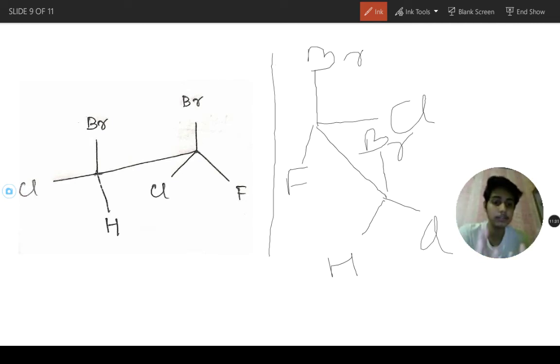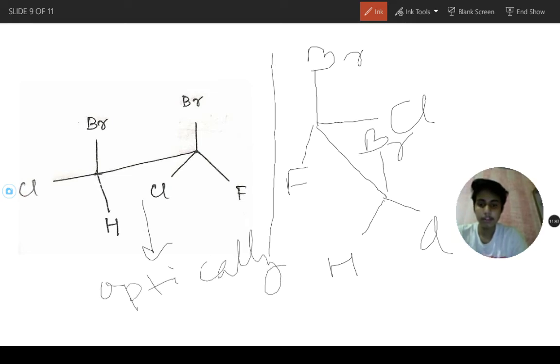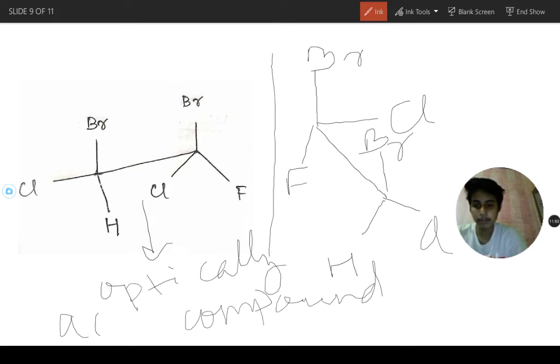So just remember, when there is an asymmetric carbon and there is a chiral carbon, the mirror images are not superimposable and it is an optically active compound. Here this is an optically active compound.